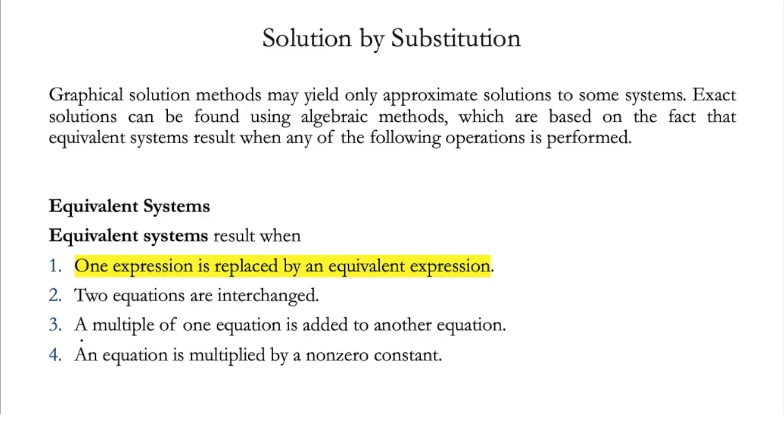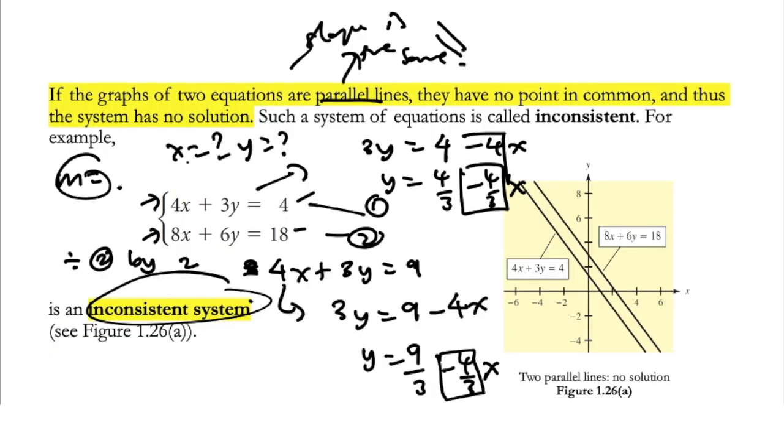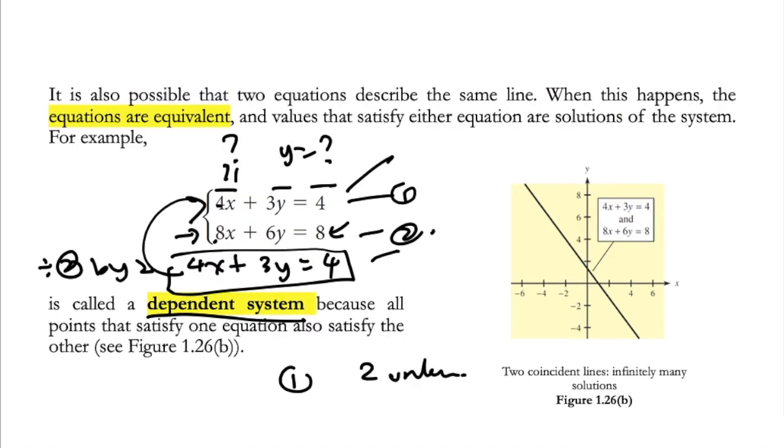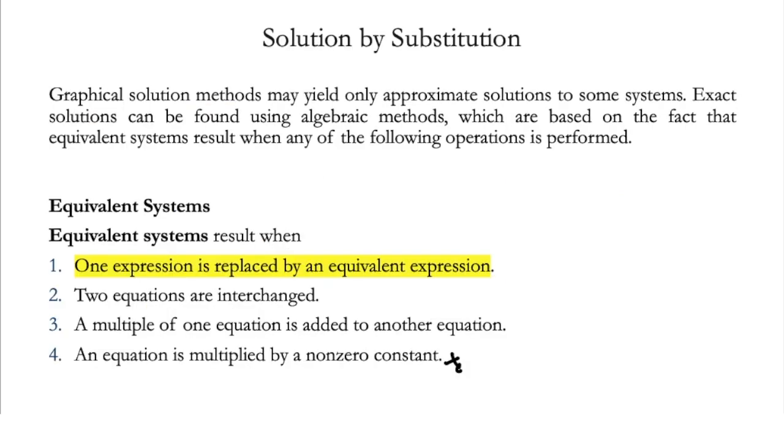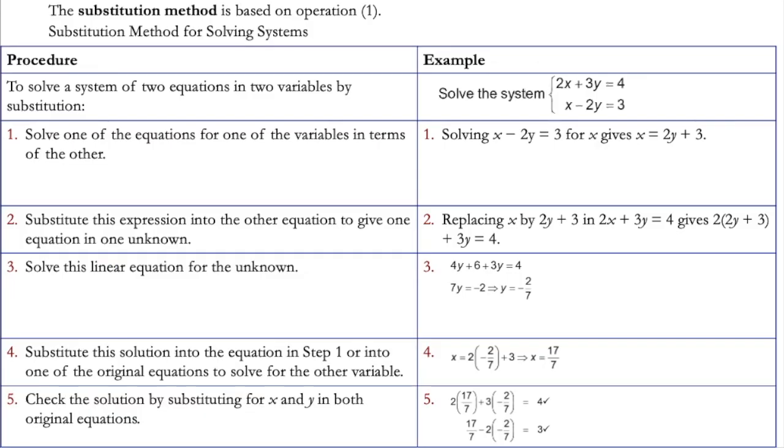And number 3, a multiple of one equation is added to another equation. An equation is multiplied by a non-zero constant. When an equation is multiplied by a non-zero constant, that's why it leads to this parallel system, okay, or identical system like this.